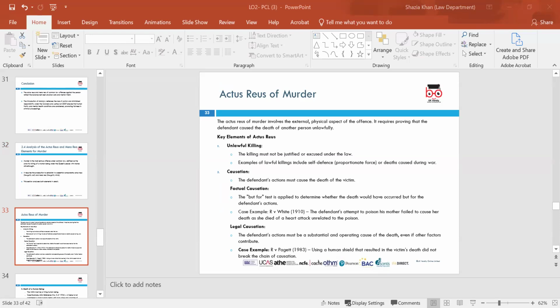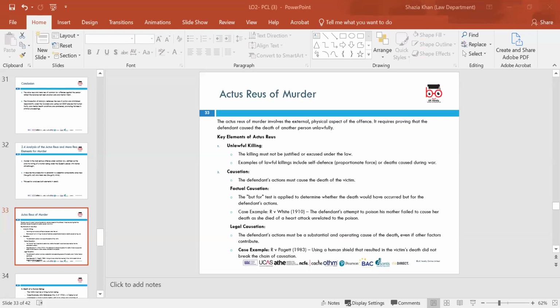So the law of murder, as we said, is a common law definition where someone unlawfully kills another person. The actus reus of murder, therefore, consists of the unlawful killing of a human being in the King's peace. You've got to take that into account when you look at the actus reus and mens rea of murder.